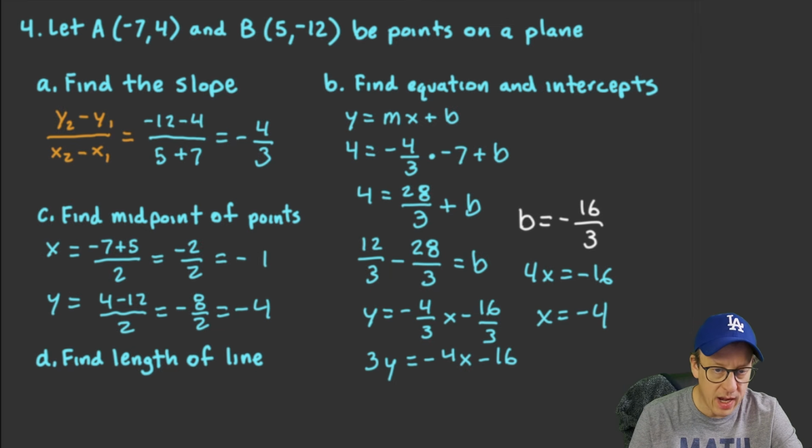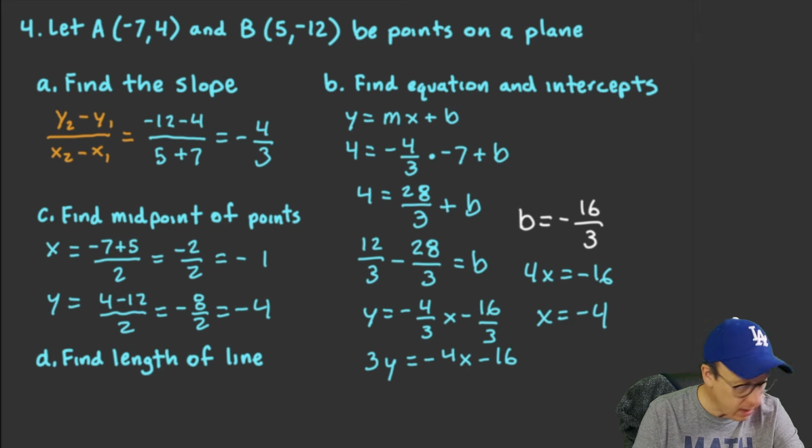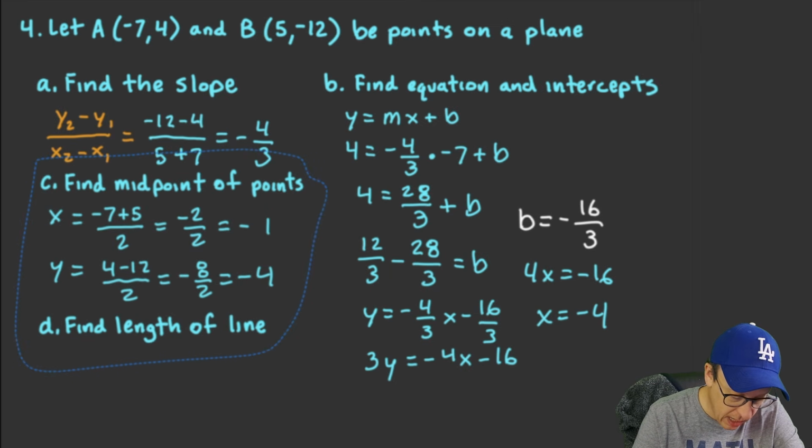Now, if you want to find the length of the line, can I fit this in the space provided? Not sure. Let's move this up here a little bit just to make sure that we can get this up here.